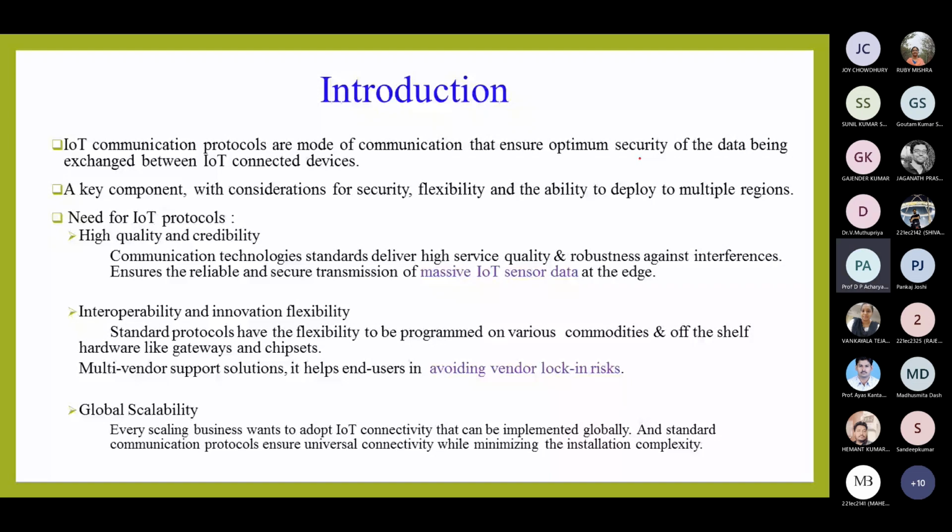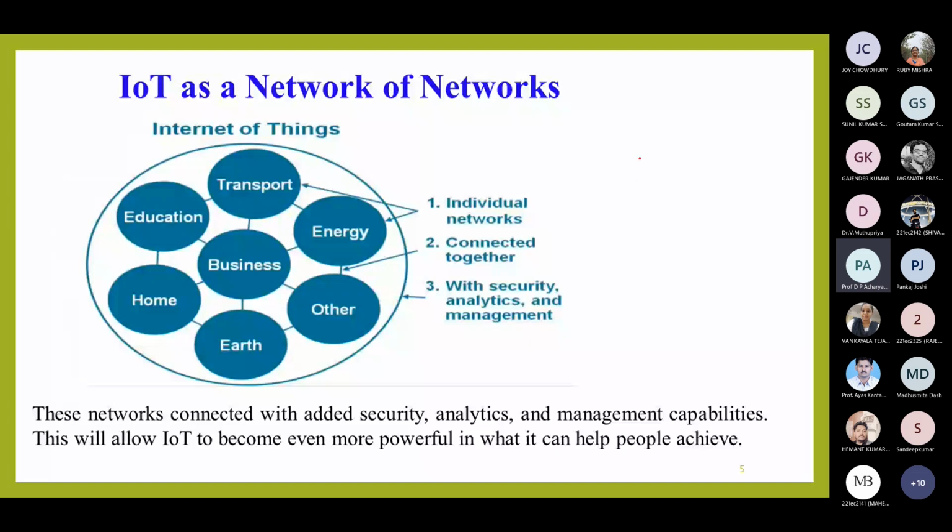You can visualize IoT as a network of networks, just like people call the internet. Here you see many domains, and in future all the domains are claiming, or are demanding, to be interconnected, to be linked. You can say education getting linked with home, business, energy sector. There is transport. Everywhere there will be connections, and many others will be there, of course.